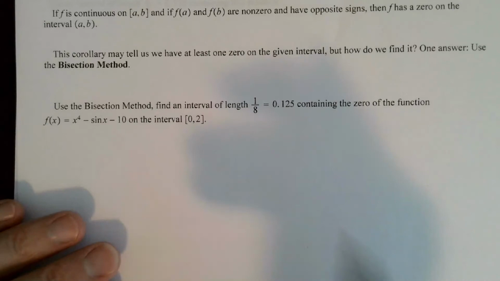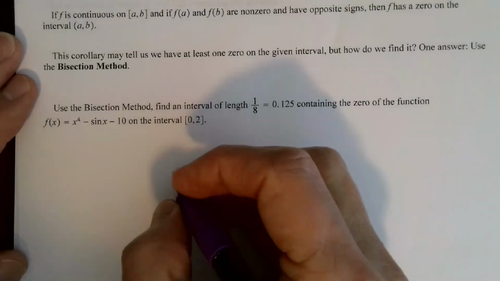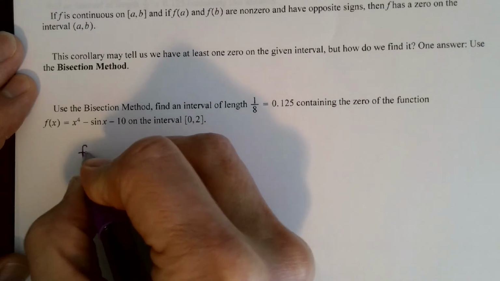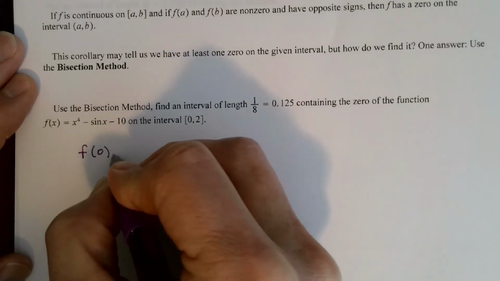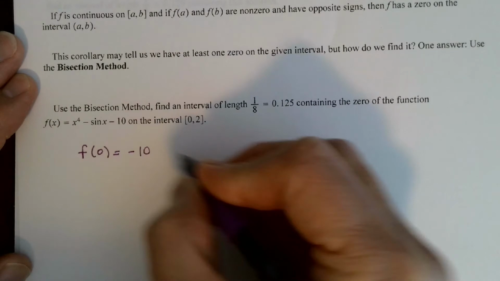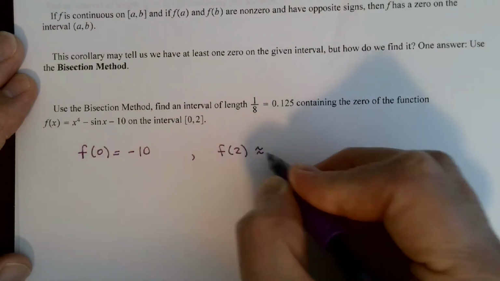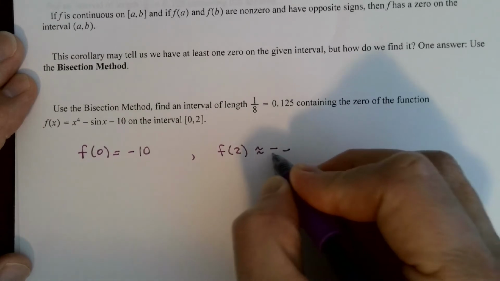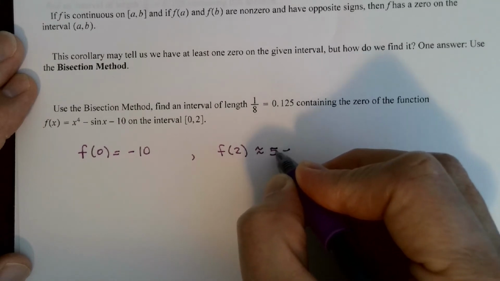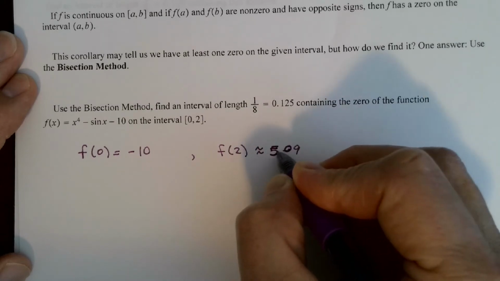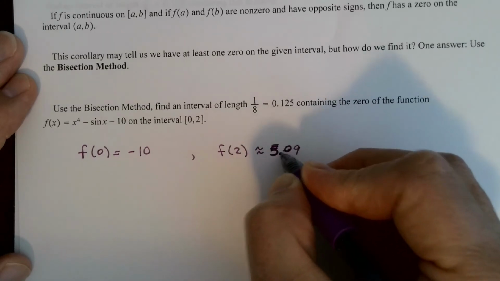We'll stop there, and then I'll explain where this could lead. So we already know from the previous analysis that f of 0 was negative 10, and that f of 2 was about positive 5.09.